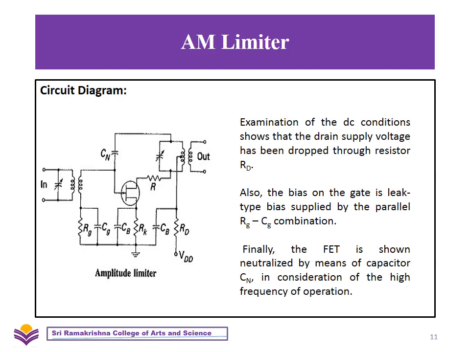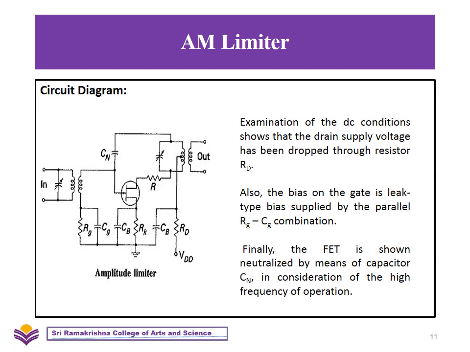By examining the DC condition, we will get a supply voltage which has dropped across the resistor RD, which is shown at the output of the secondary circuit. Also, we will have a leakage at the gate of your FET by supplying the parallel combination of biasing between the resistor RG and capacitor CG.